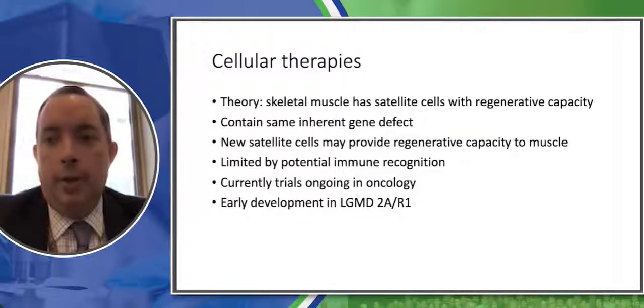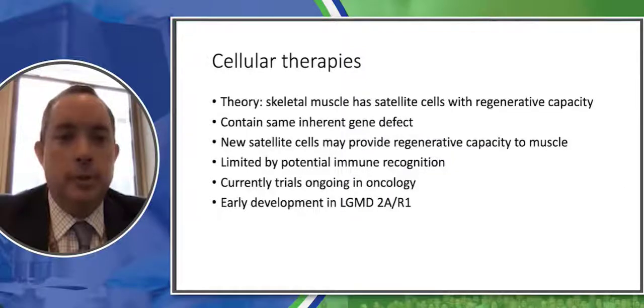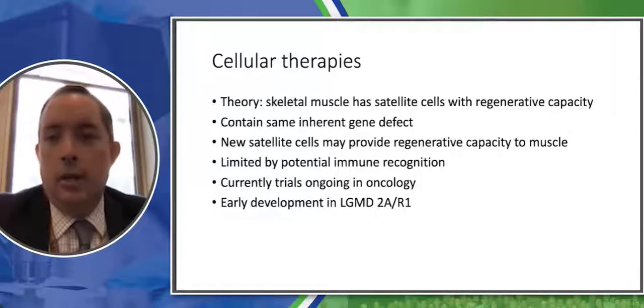So how can we harness that natural regenerative capacity of skeletal muscles? The problem, of course, in limb-girdle muscular dystrophies is that those muscles still have the same gene defect. So one idea is that you can take the satellite cells, the cells from which you grow new muscles, take them out, correct the gene defect and put them back in, and that will allow those muscles to regrow.